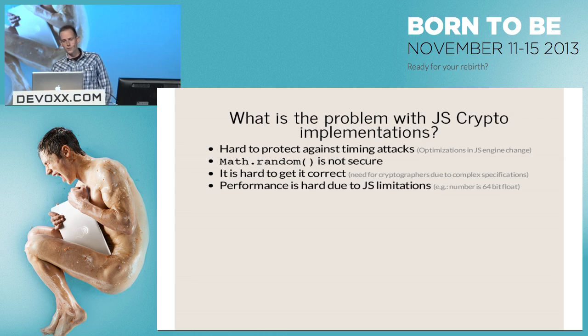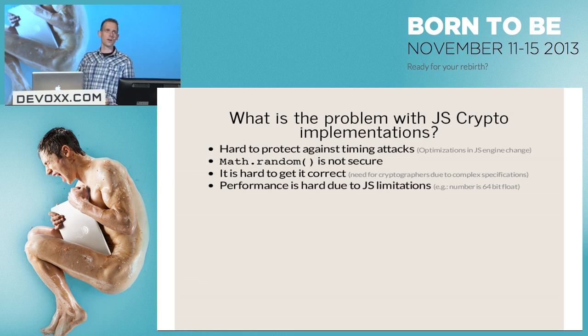Also, Math.random is not a secure random generator, and for seeding your algorithms, you need secure random numbers. It's also really hard to get the implementation correct, because all those algorithms are really complex, and you need quite good cryptographers to implement them without any flaws.